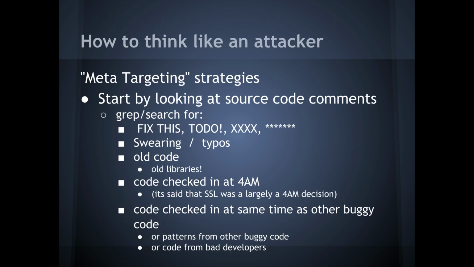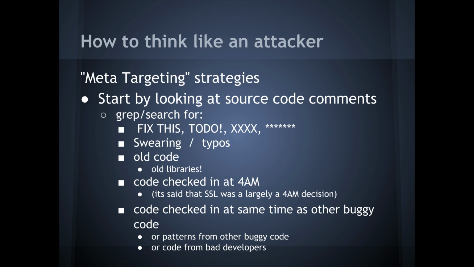So if you have, as an attacker, access to the source code, like many open source projects, you can perhaps download the repository of source code from Git or the SVN server or wherever it is hosted. And I've actually found 0-days by grepping for things like XXX or bug or vulnerability.